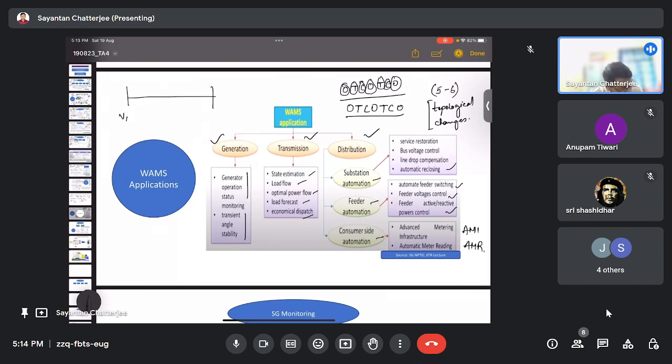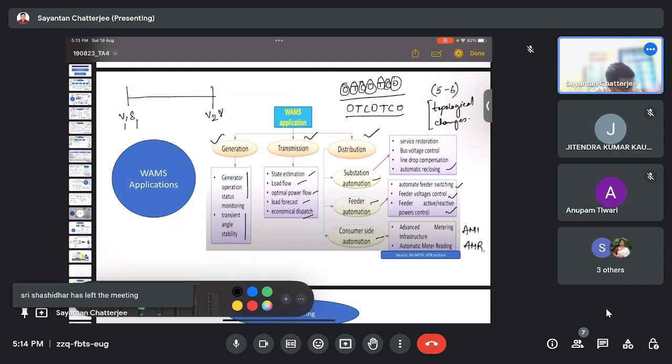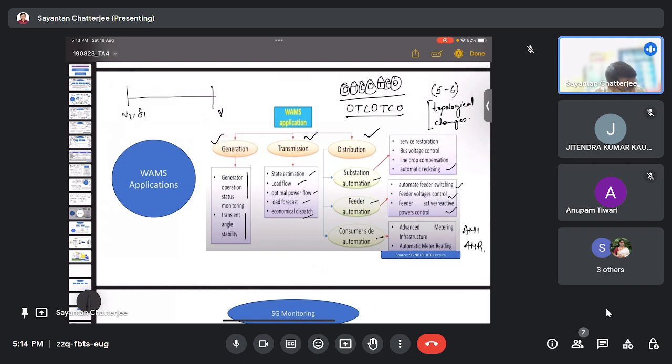If the voltage and angle of this bus is V1 and del 1, then we can find out V2 and del 2, with respect to del 1.